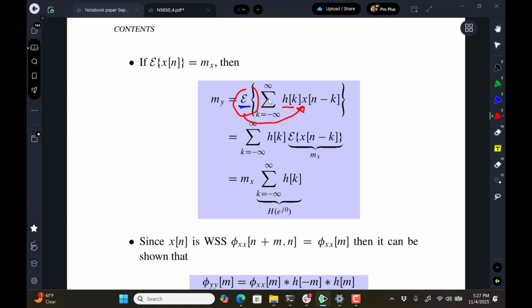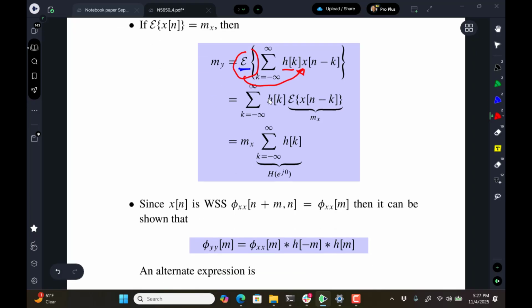It doesn't care about the constants because linearity lets them pull through. So the expectation operator hunts down on the inside of the curly brace the random process, and it says, oh, that's just this constant if it's wide-sense stationary, m sub x. So that tells us a very nice formula. It says the mean at the output of a filtered noise sequence is just the sum of the impulse response times the mean of the input.